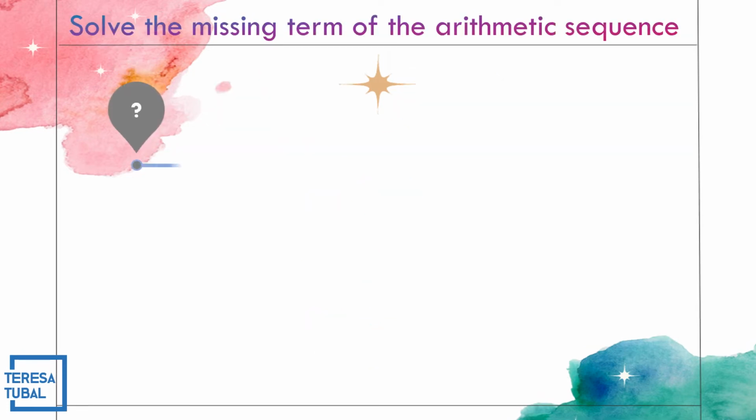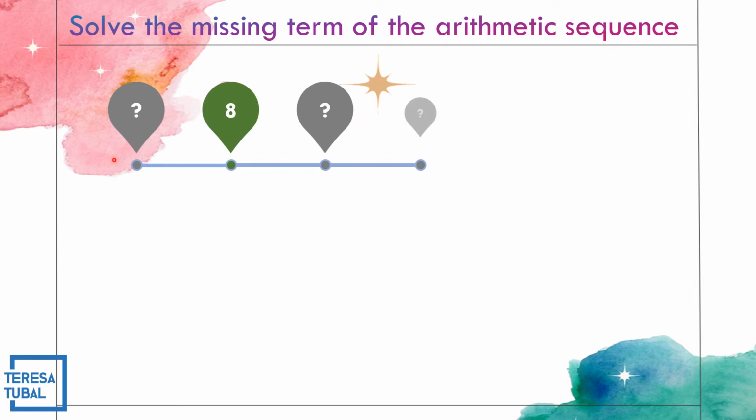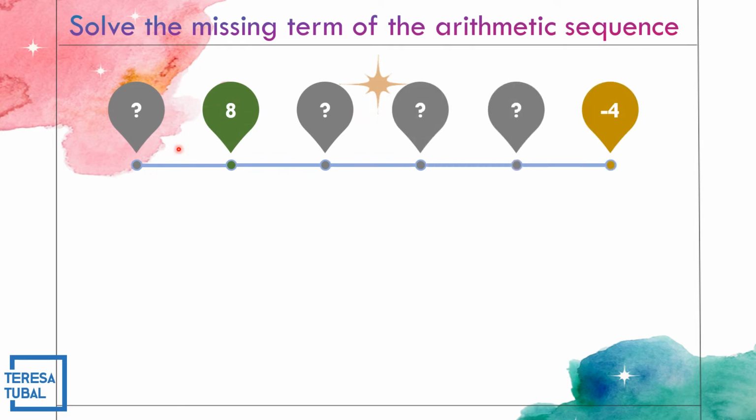How about the second example? Our first term is missing, the second term is 8, the third, fourth, and fifth are missing, while the last term is negative 4. The formula, D is equal to a sub n minus a sub 1 all over n minus 1. Our first term is 8, our last term is negative 4.